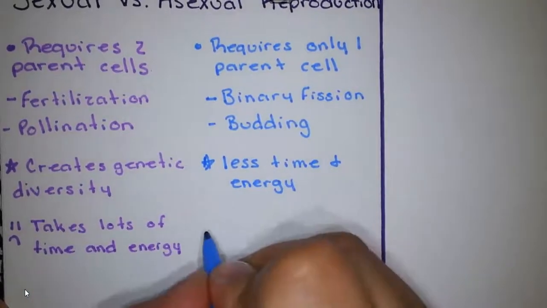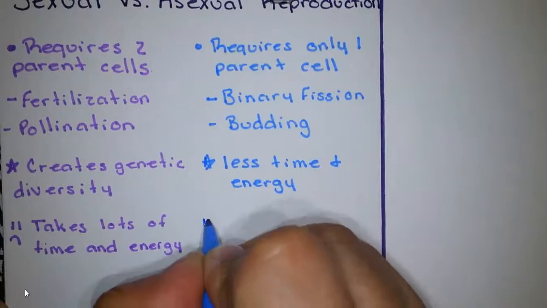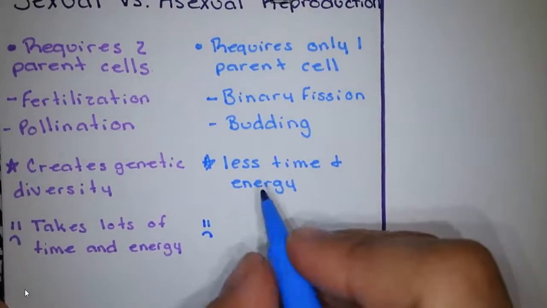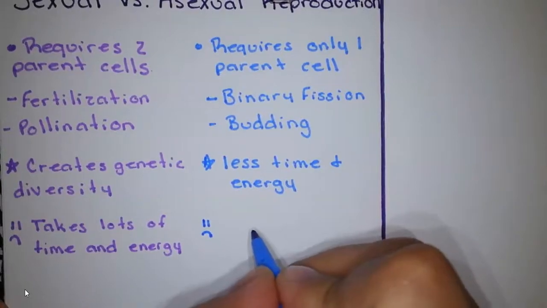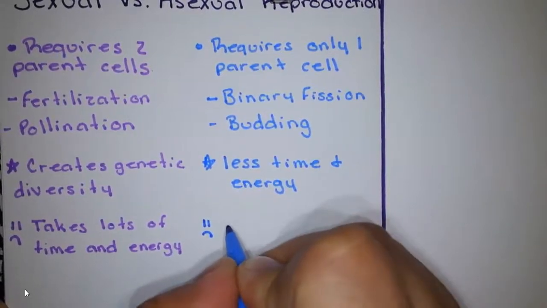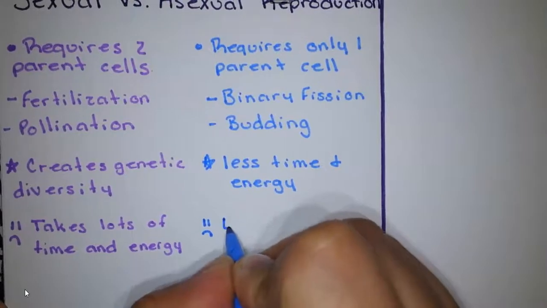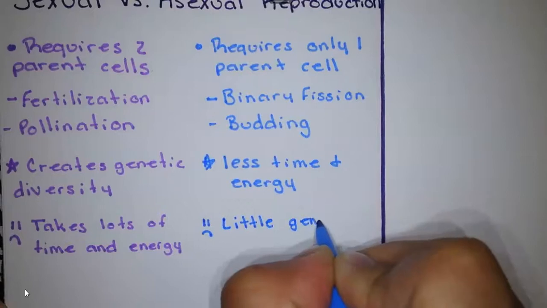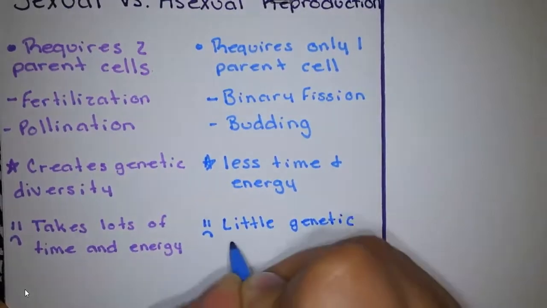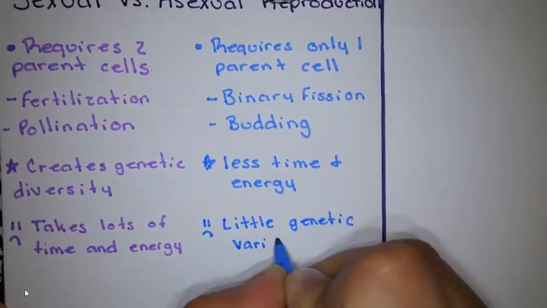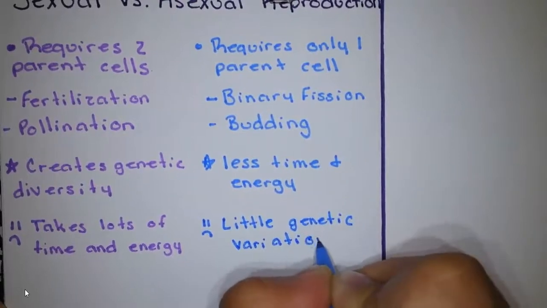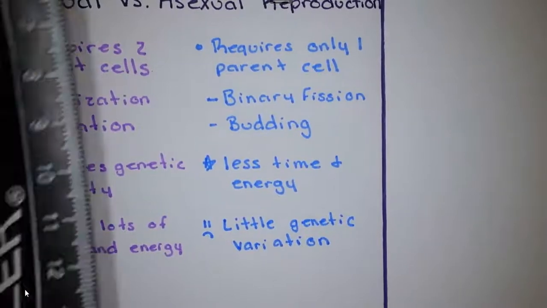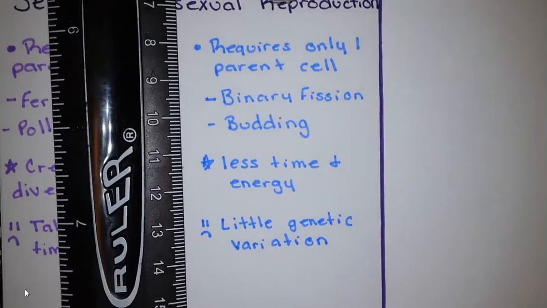And for asexual reproduction, another disadvantage, put another sad face here, is that there is very little genetic variation. So I'm just going to put little genetic variation. Okay, little genetic variation.